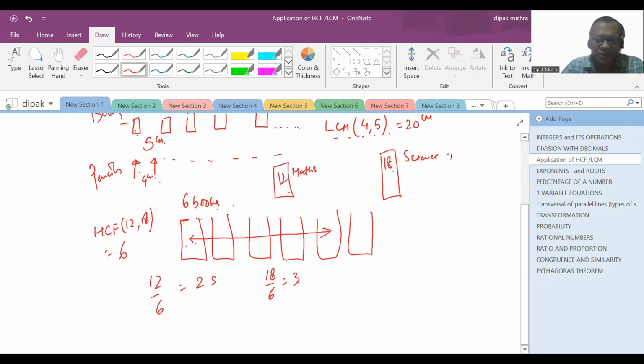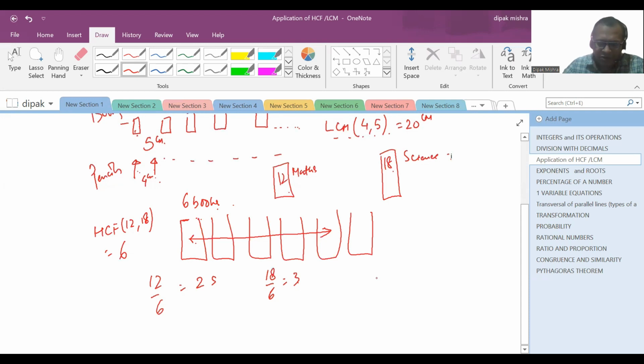This is where the application of HCF and LCM is very important. You need to know if the question asks something like minimum number or minimum distance required, something on the lines of minimum, then you need to find the LCM, right?